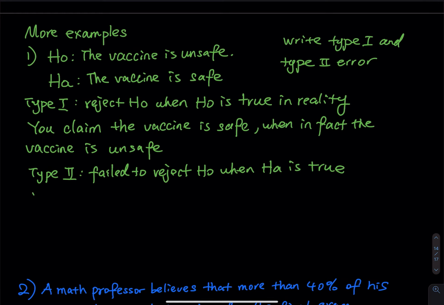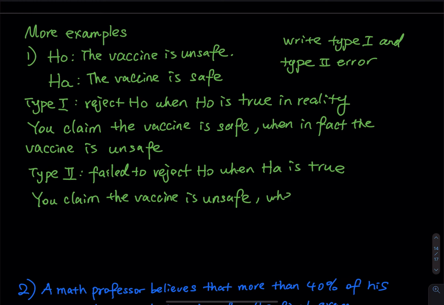So that means you claim the vaccine is unsafe because you have that on your table. You fail to reject H naught and then comma when in fact HA is true, that means the vaccine is safe. That means HA is true. So that's the first one.